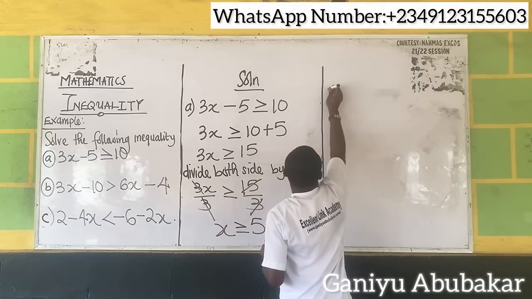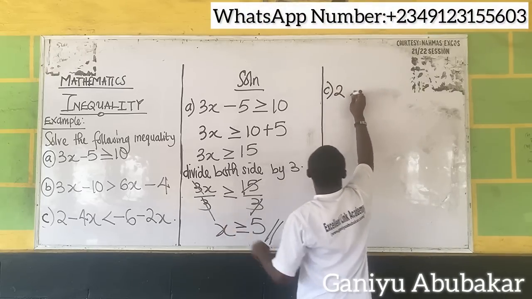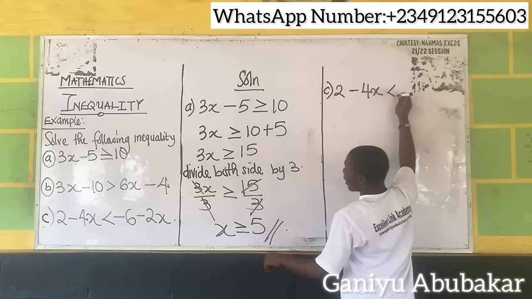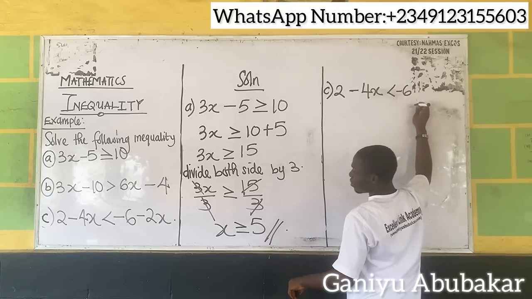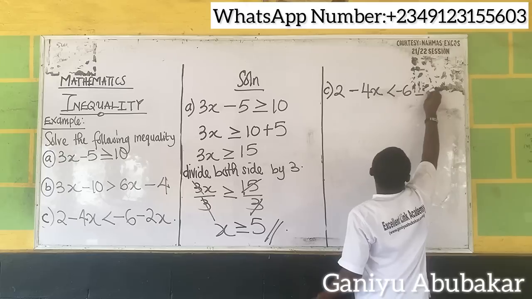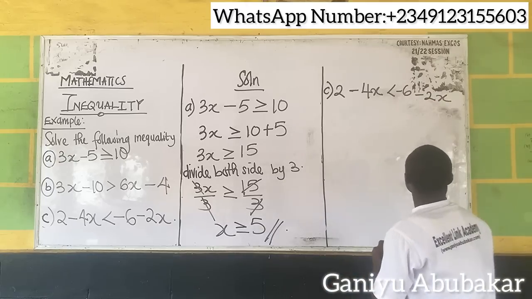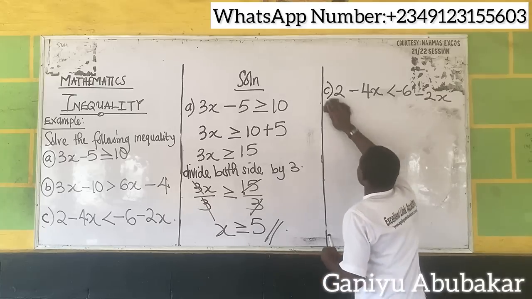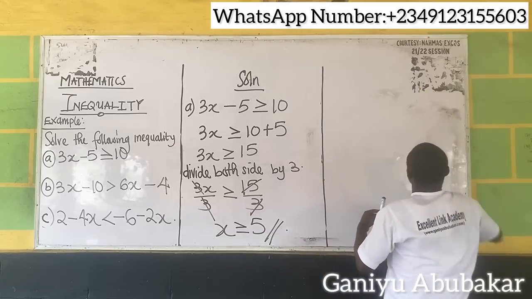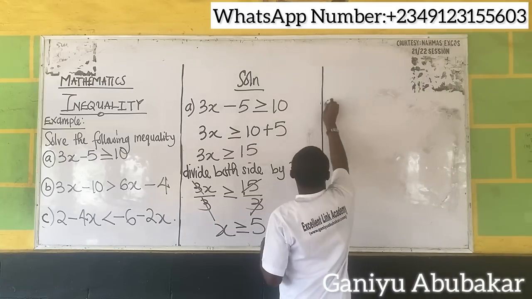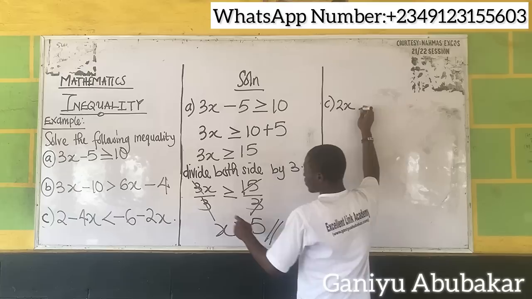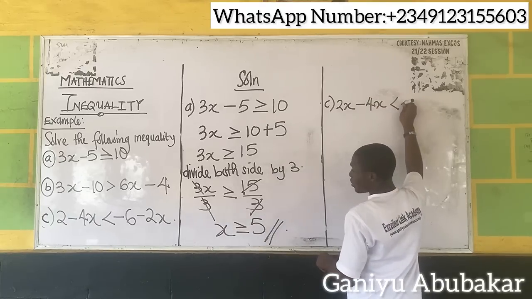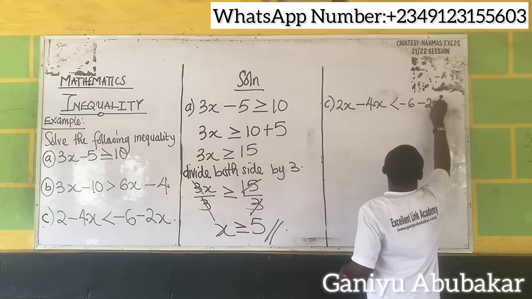For C, I have 2 minus 4x less than minus 6 minus 2x.